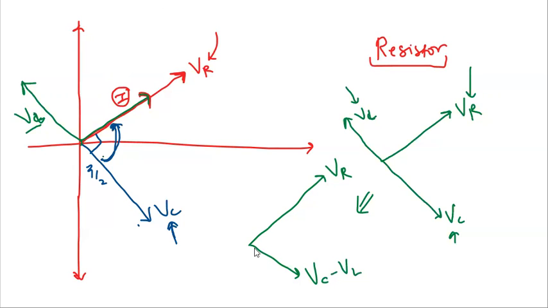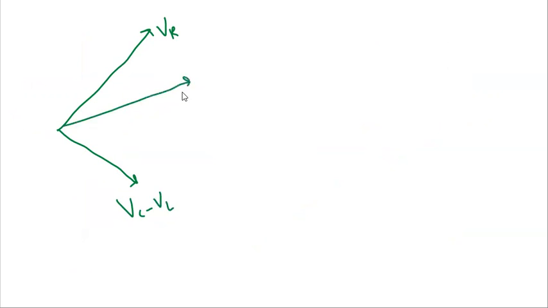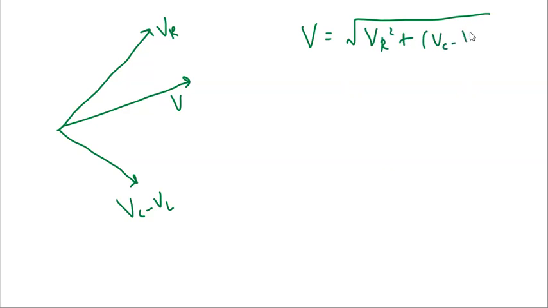Suppose the net voltage is V. The value of V will be given by the square root of VR square plus VC minus VL whole square.